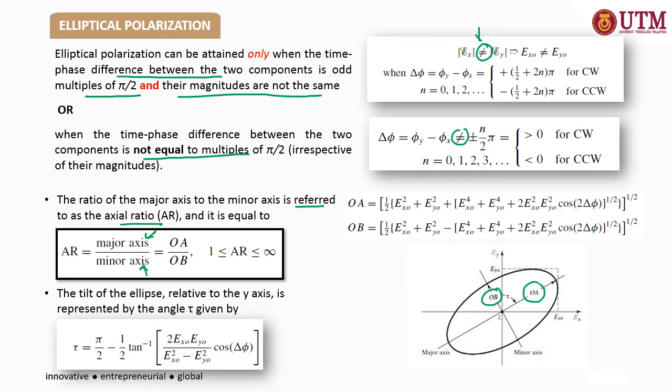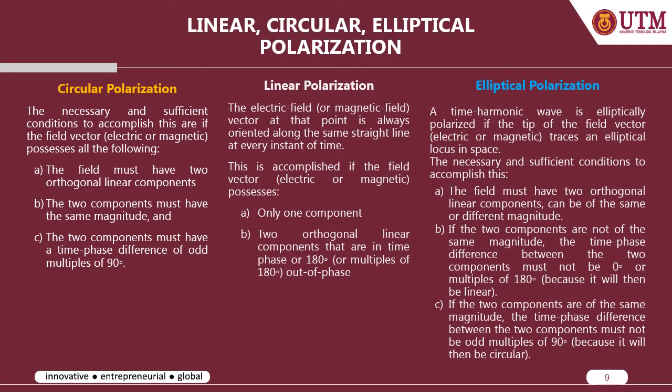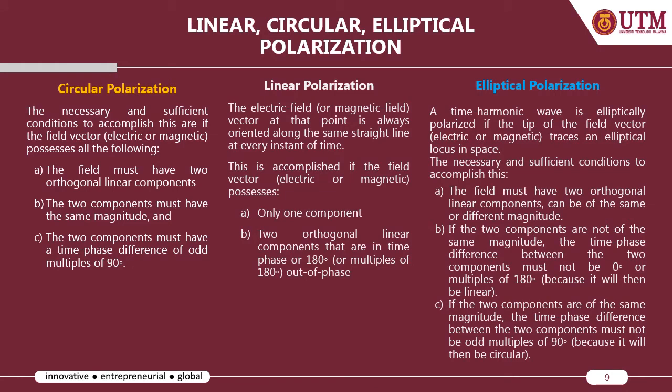And the tilt of the ellipse relative to the y-axis, so this is the y-axis, is represented by tau, given by this equation. OA and OB, the lengths of the major and minor axes, can be calculated using this equation. This slide summarizes the characteristics of three different polarizations: circular, linear, and elliptical polarization, as we have discussed in the earlier slides.